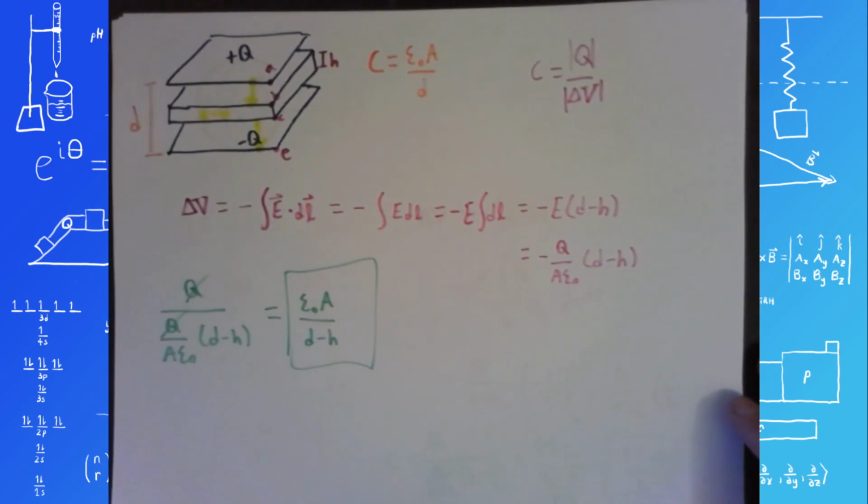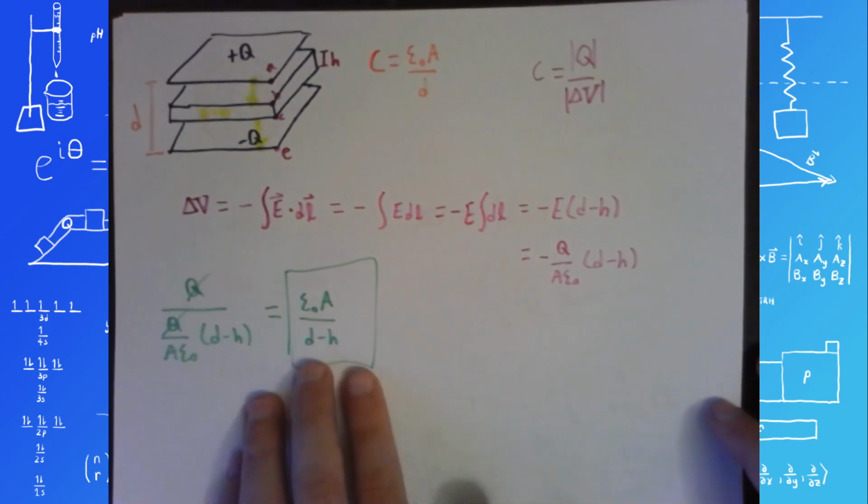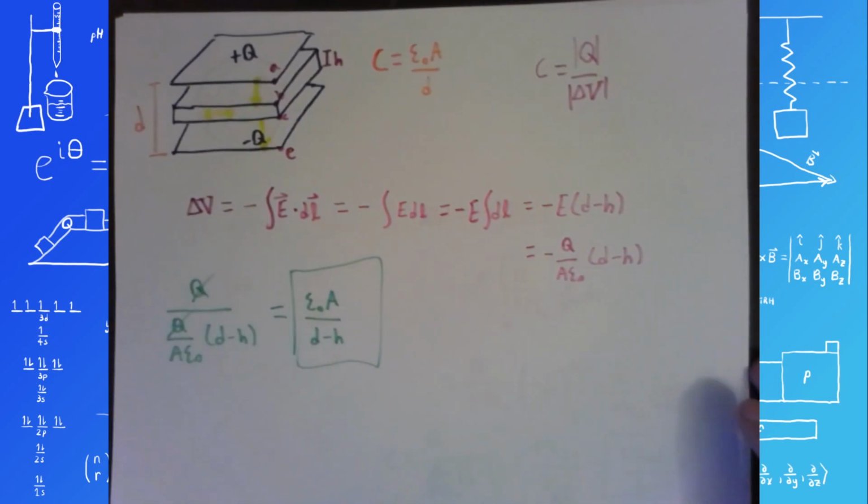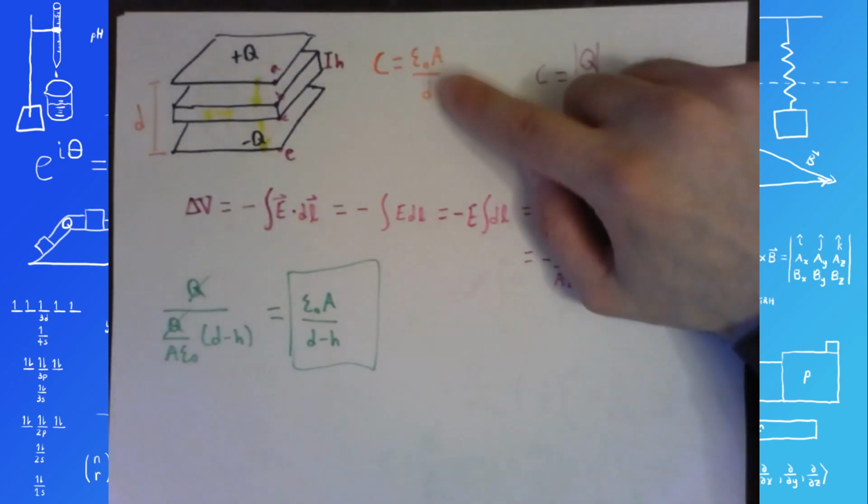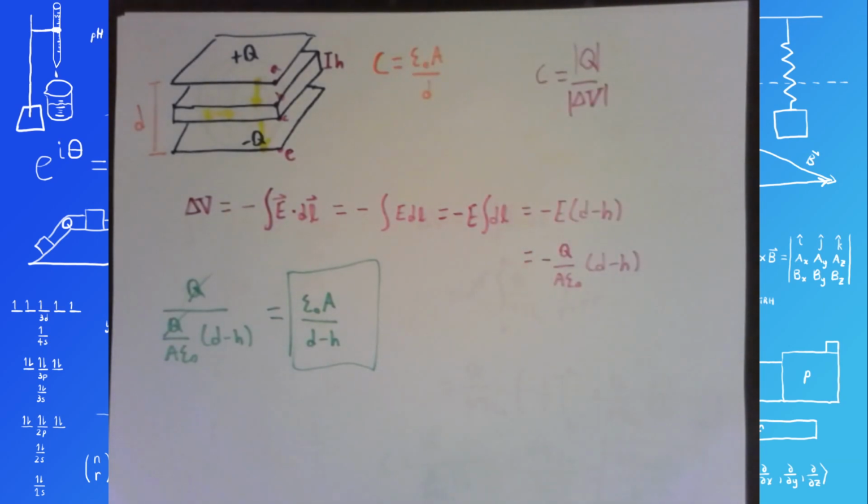That reduction being the thickness of the slab. So if you're dividing by d minus h, you're dividing by a smaller denominator compared to before when the denominator was just d, so you get an increased capacitance overall.